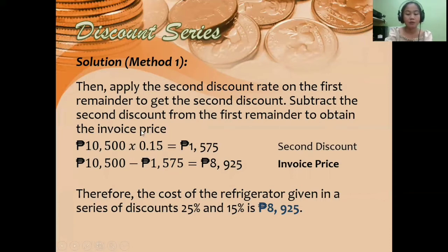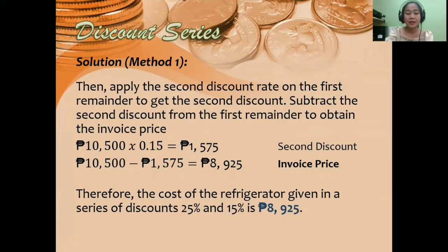First transform 15% to decimal, the answer is 0.15. Then multiply it to our first remainder, which is 10,500. So 10,500 times 0.15, the answer is 1,575. This is the second discount after applying the 15% rate.